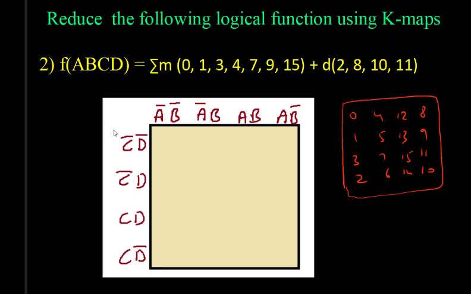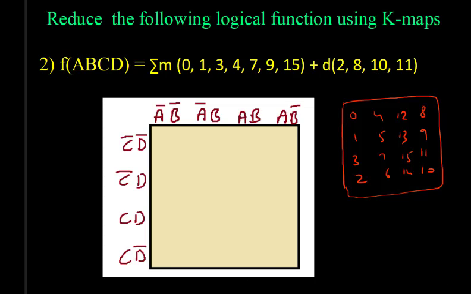Now this is the second example. Here we have D as the don't care. This is an SOP K-map, because we have f of ABCD as sigma small m. All these numbers 0, 1, 3, 4, 7, 9, 15 should be 1, and 2, 8, 10, 11 represent the don't care conditions.